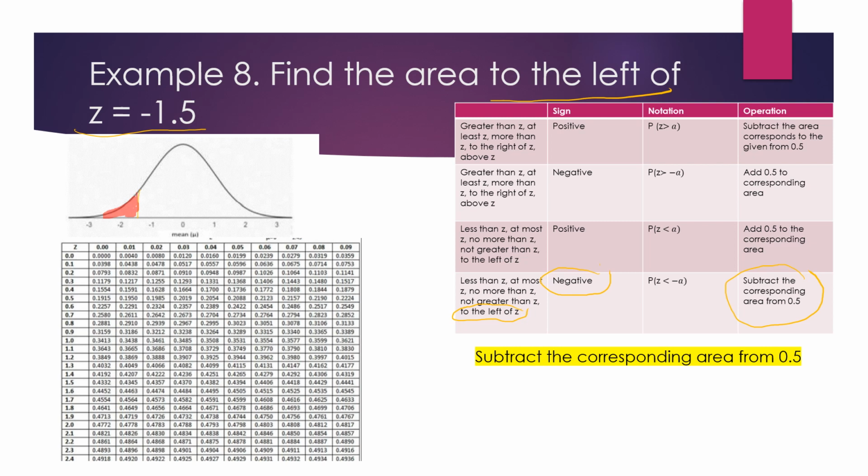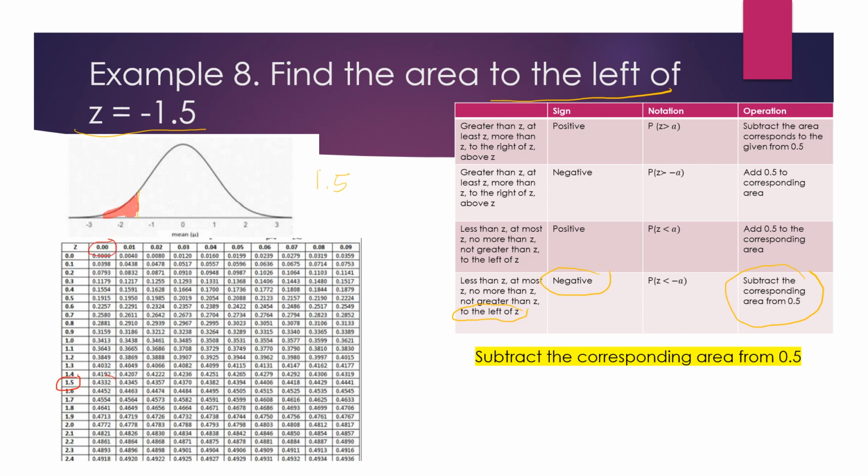First, we will find the area of negative 1.5. We will locate 1.5 in this part, and its hundredths place, since it doesn't have any, is 0.00.